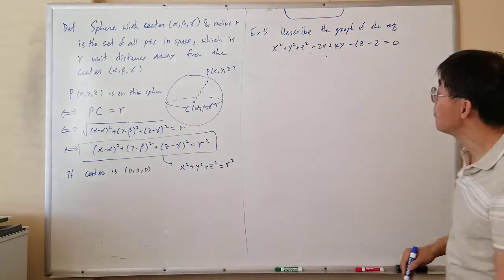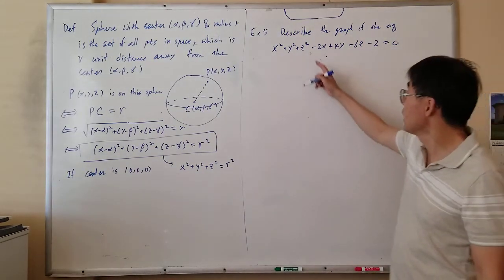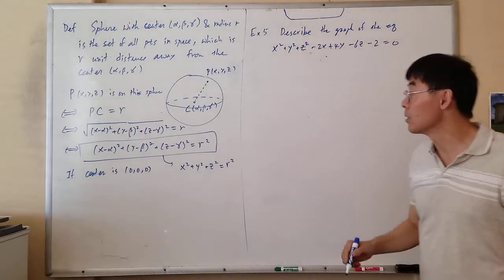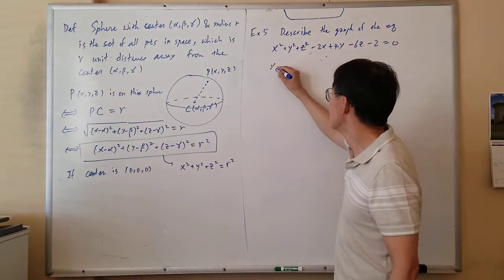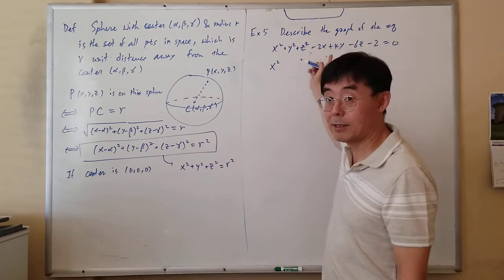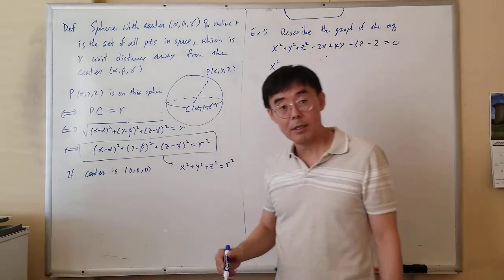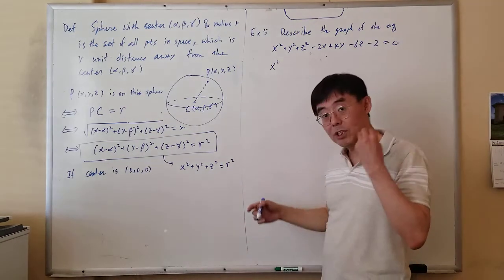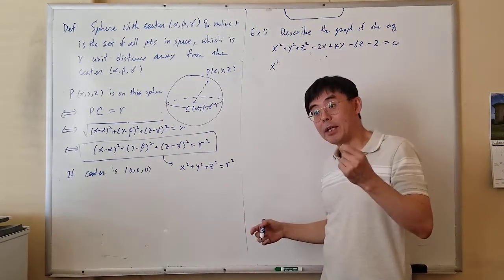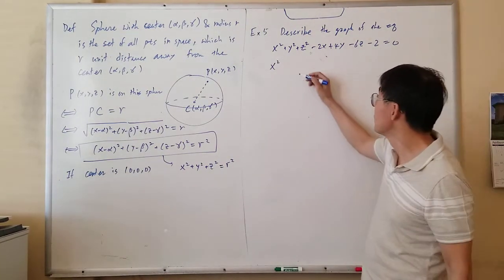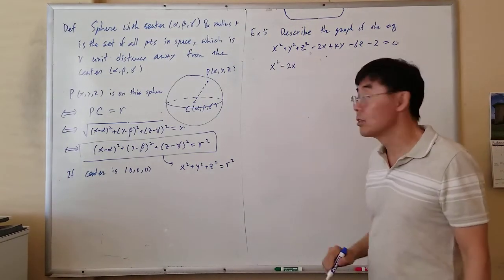Well, this is a sphere equation, since you have x squared, y squared, z squared with the same coefficient. In order to describe the sphere, we need to know the center and the radius. So we have to write it in standard form by completing the square.